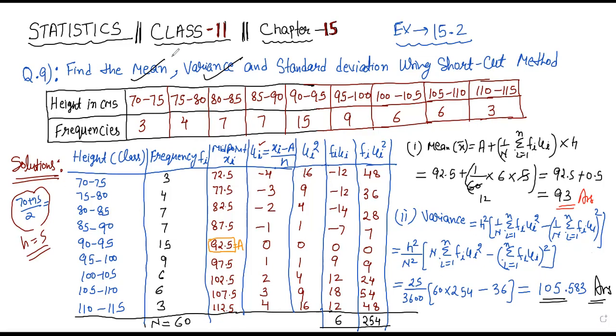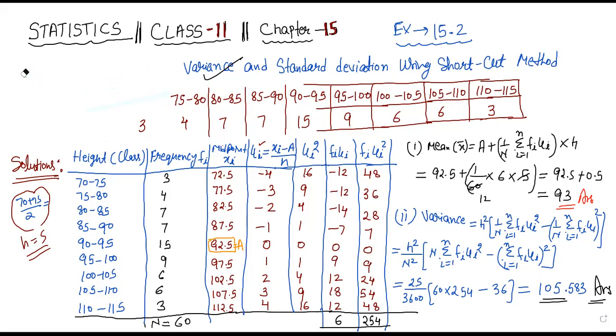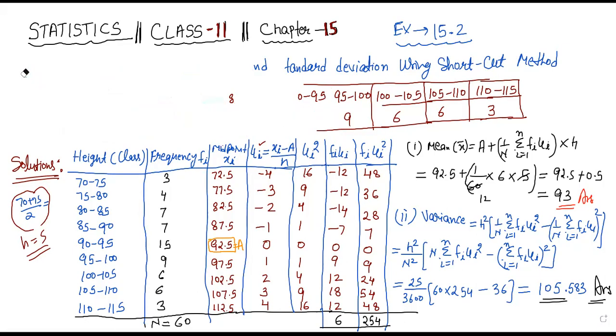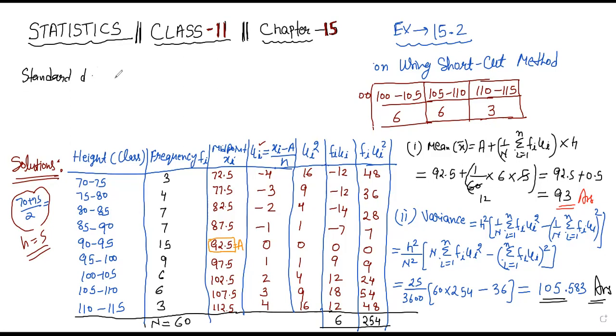Standard deviation is equal to the square root of variance, so the square root of 105.583.